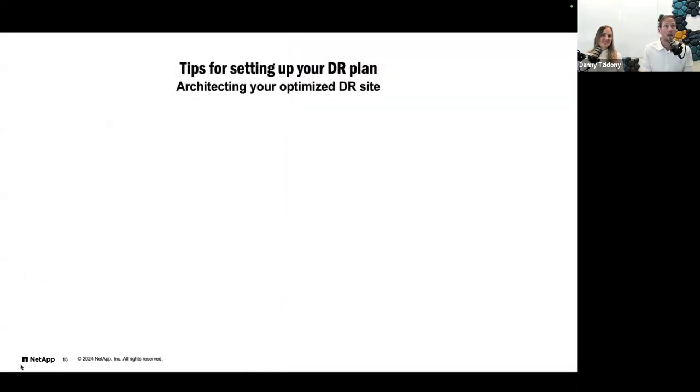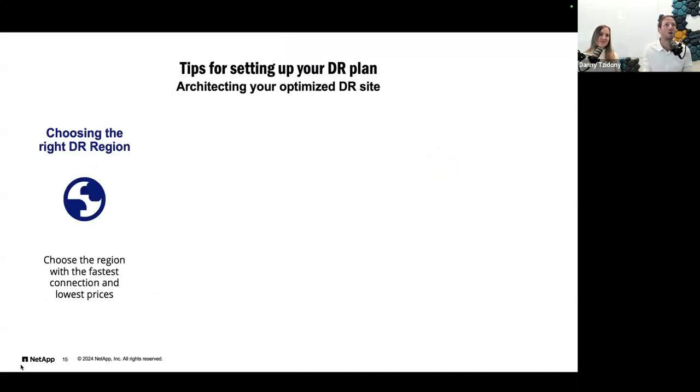Before we continue, as we said, setting up DR is not a straightforward task, and when you're building your DR site, there are also some considerations you should consider before advancing. So first of all, before you do anything, choosing your disaster recovery region. There you have three main considerations. One, compliance. Are you allowed to use the geographical location to store your data?